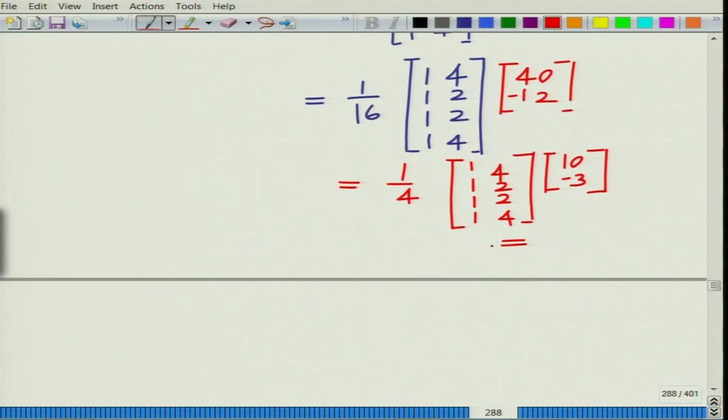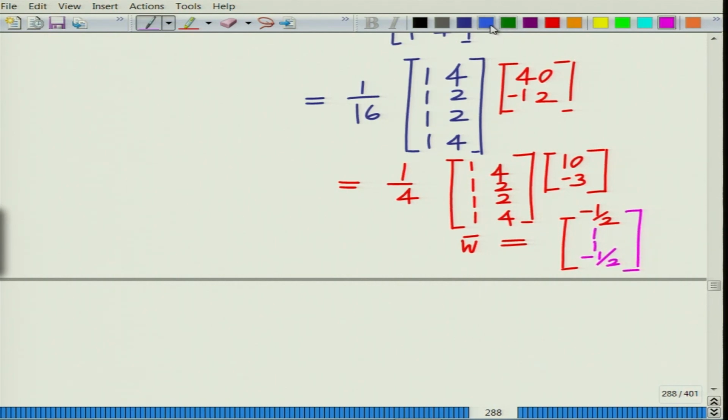It is not very difficult to see. Your W bar reduces to 10 minus 12, that is minus 2 divided by 4, that is minus half; 10 minus 6, 4 divided by 4, 1; and once again 10 minus 12, that is minus 2 divided by 4, that is minus half.